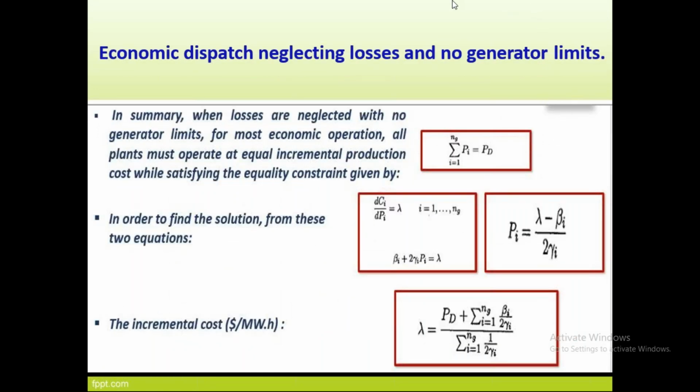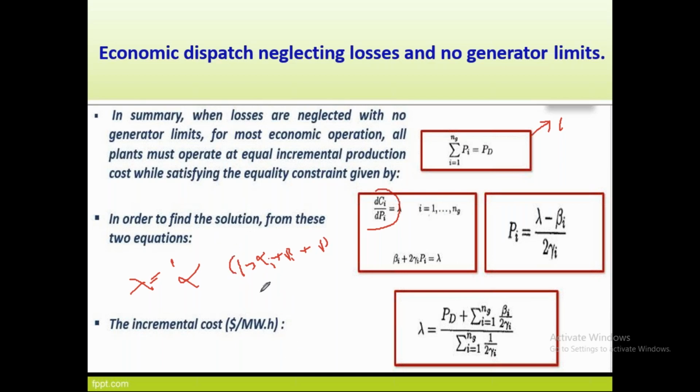See here, this is the equation we obtained by case 2. Now from this equation, this is the incremental cost, right? So what is the equation of lambda? The cost formula is Ca equals alpha I plus beta I Pgi plus gamma I Pgi square.